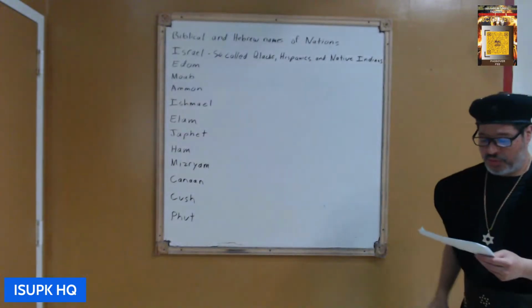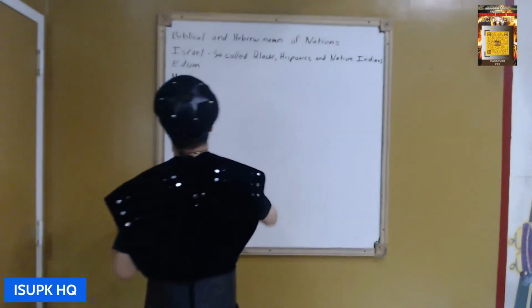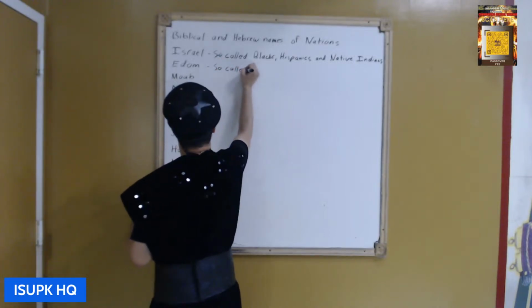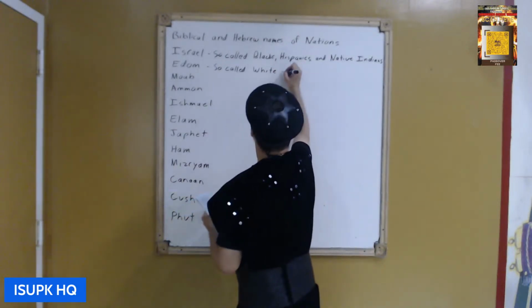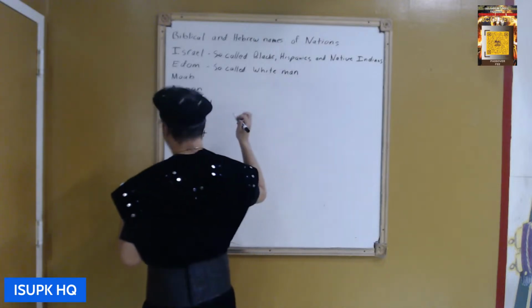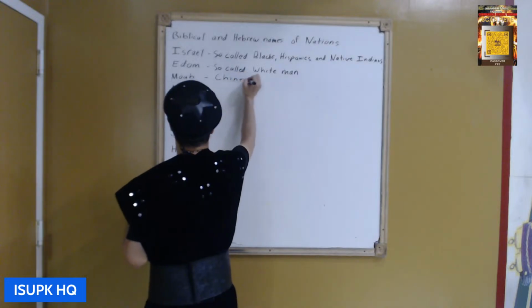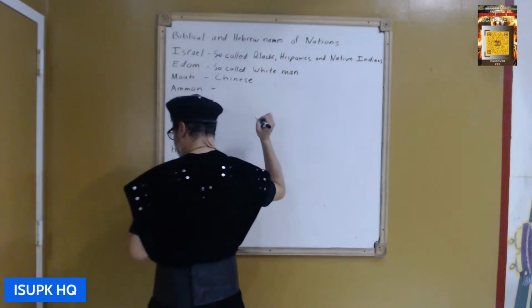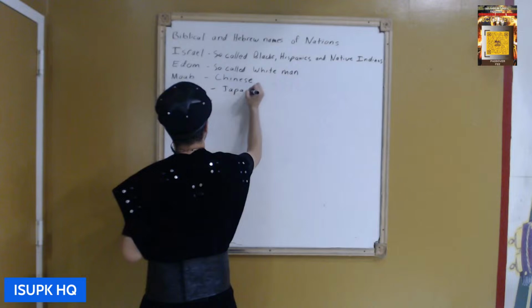Okay. We have Edom, which is the so-called white man. We have Moab. That's the Chinese. We have Ammon. That would be the Japanese.